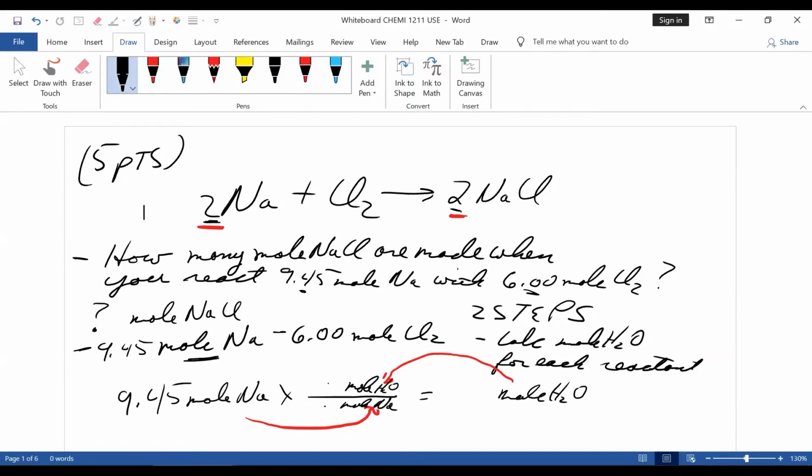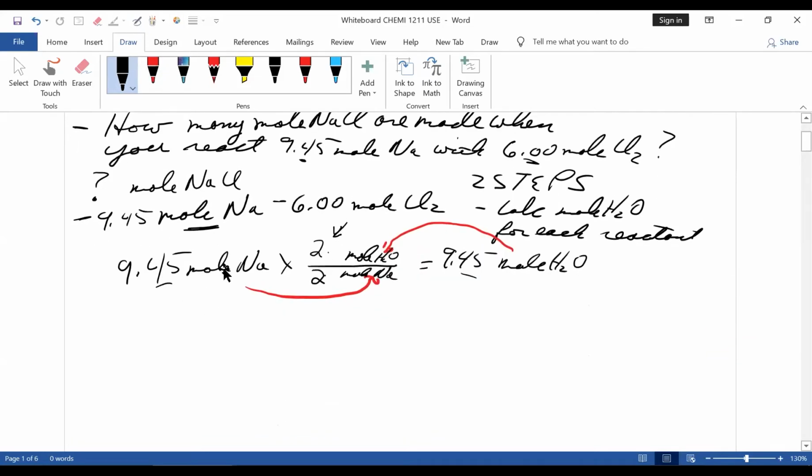So in here, the numbers are 2 and 2. Hold on while I do the math. It's the same thing. Remember, these are exact numbers and don't play a role in significant figures. This was 3, this should be 3. Now, we have to do step number 2.